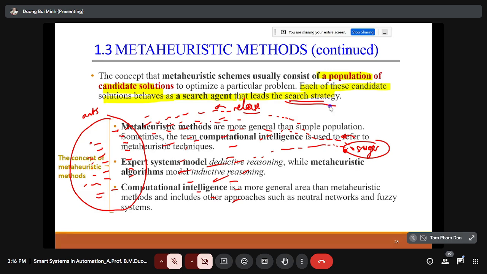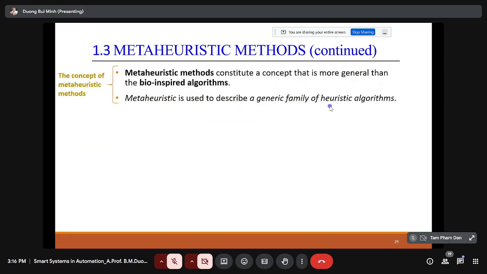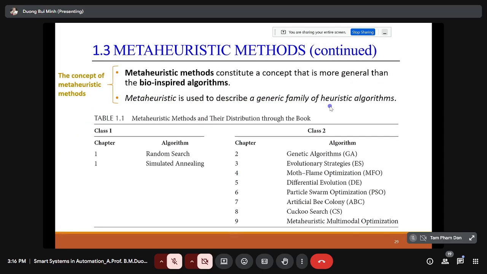So, continuing, we have many meta-heuristic methods. For example, traditional meta-heuristic methods: random search, simulated annealing. And the new ones: GIES, MFO, DE, BHO, ABC, Google search, and so on.